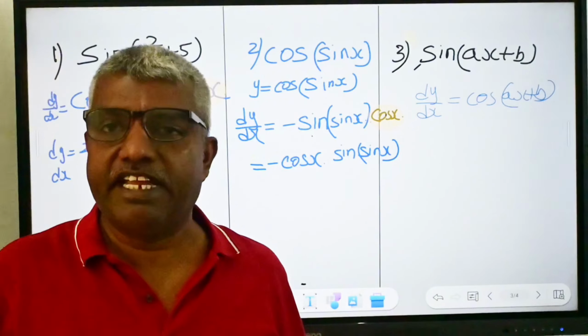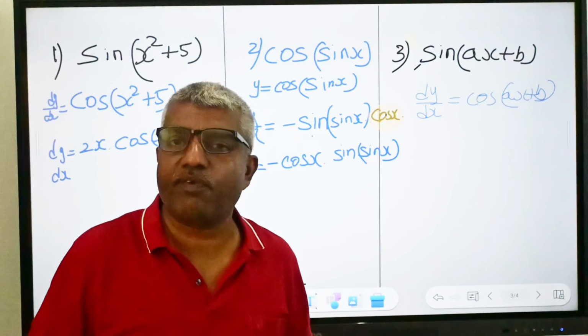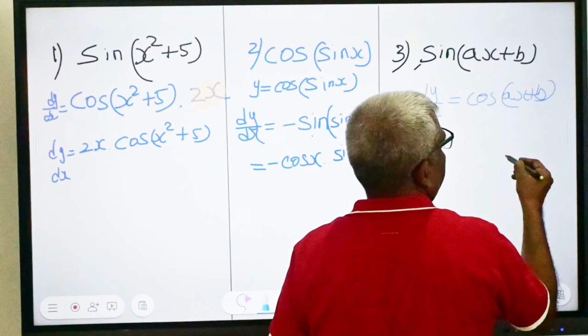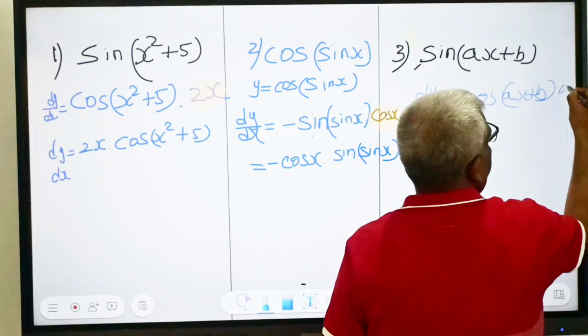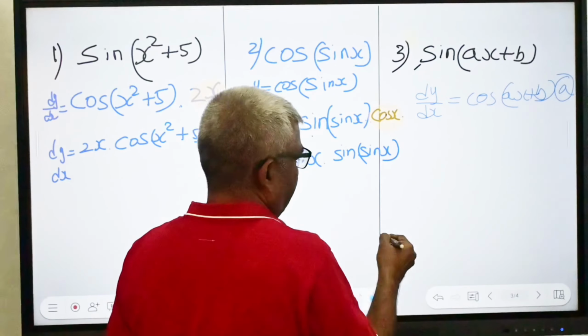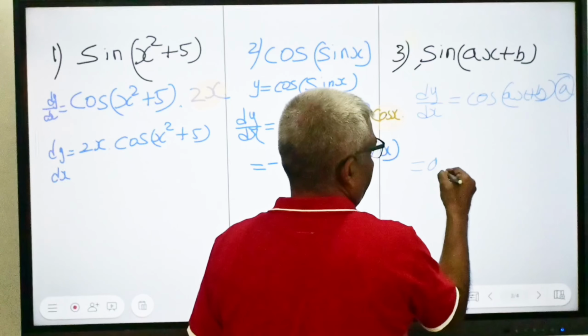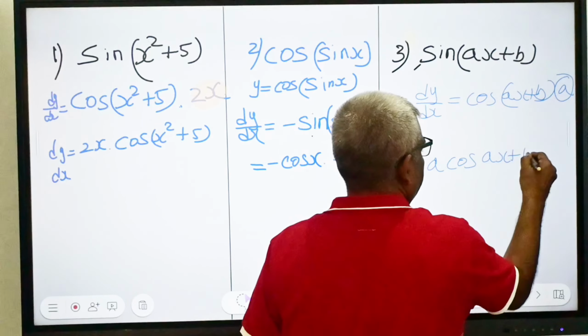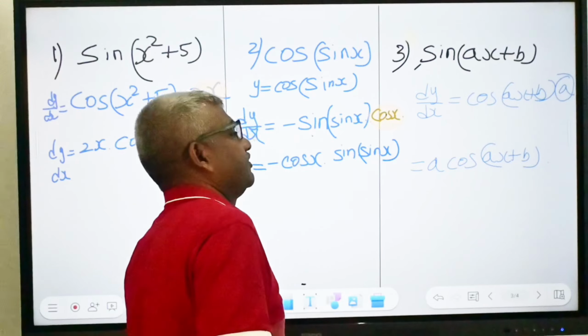Ax differentiates to a. 5x differentiation is 5. Kx is k. So cos of ax plus b times a. This a is the chain mechanism. Chain differentiation. So the answer is a times cos of ax plus b. Got it?